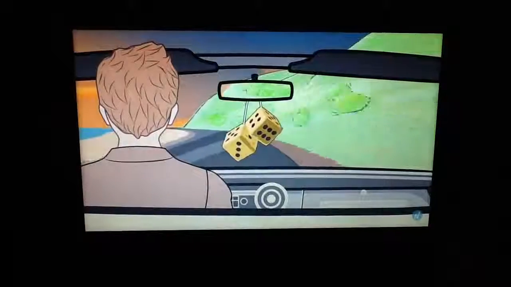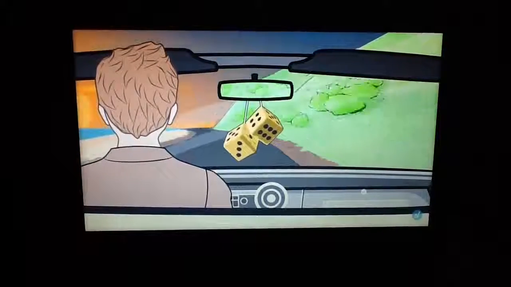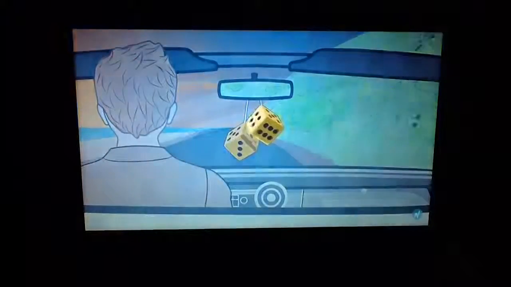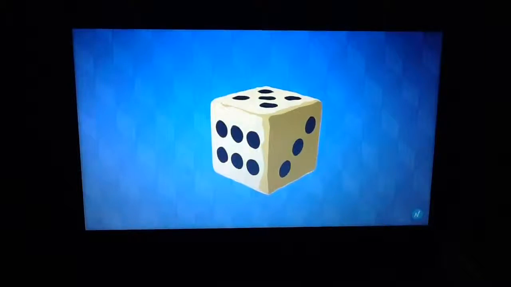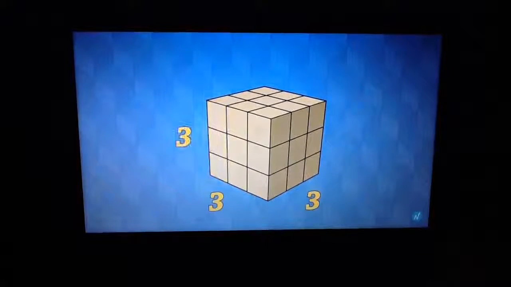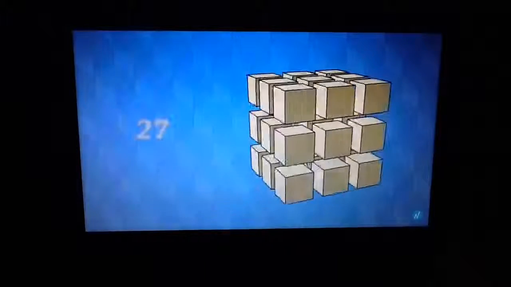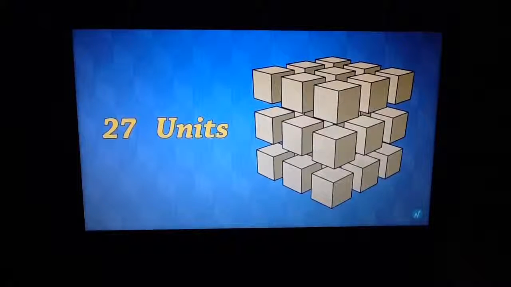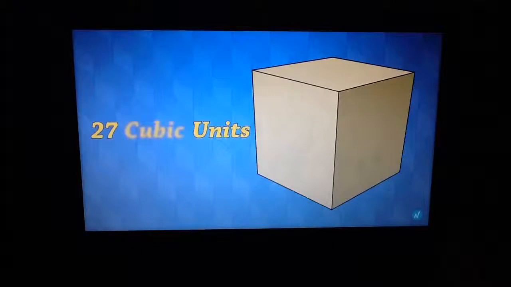Side will tell you the number of times a cubic unit will be able to fit inside it. Imagine a cube with edges of 3. Multiply 3 by 3 by 3 to see. It can fit 27 units. Gotta mention that they're cubic.